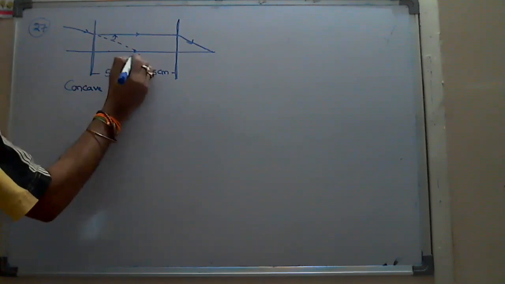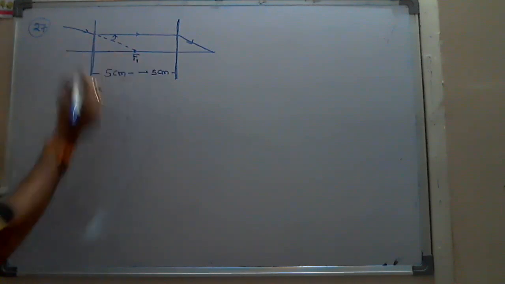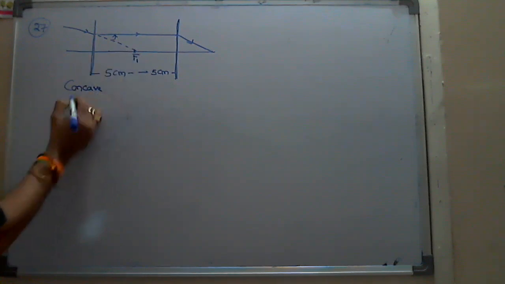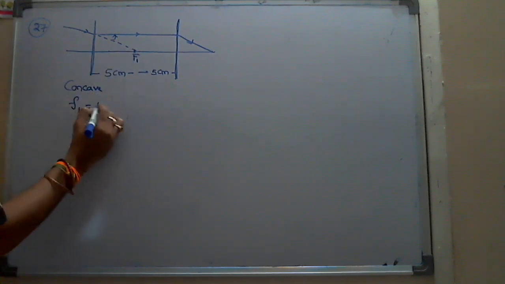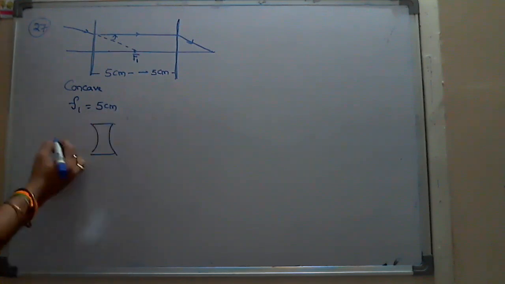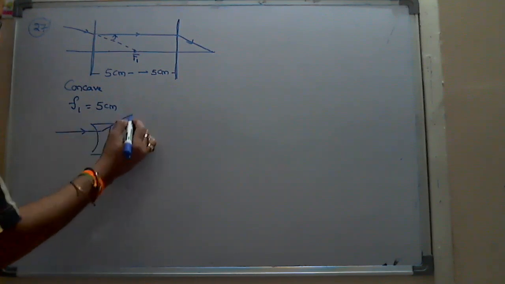So it is the focus of the first one. The focus of the first one means the focal length here, you can say f1 is equal to 5 centimeters. For a concave lens, when a parallel light ray is incident like this, it will be diverged.